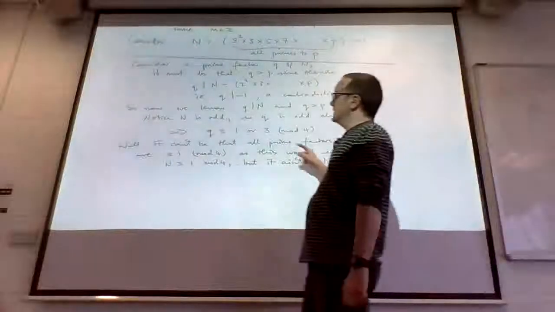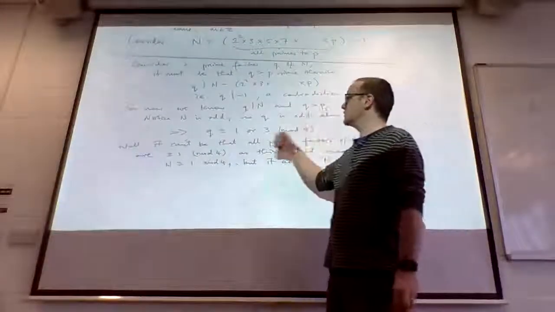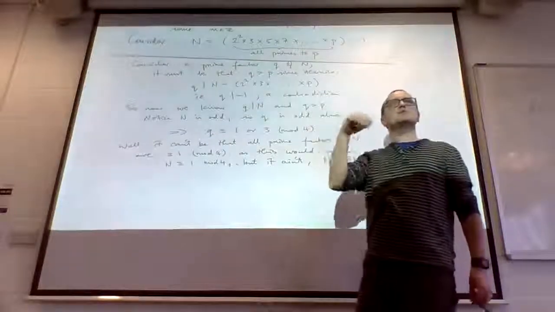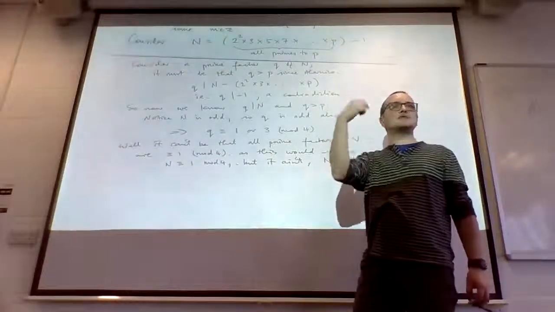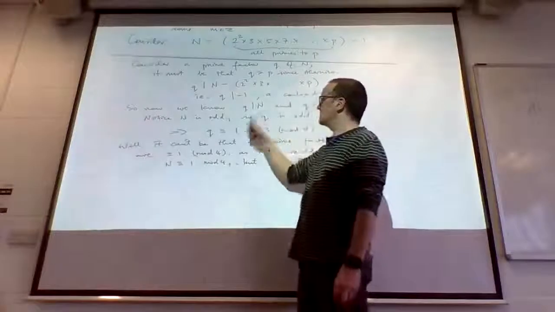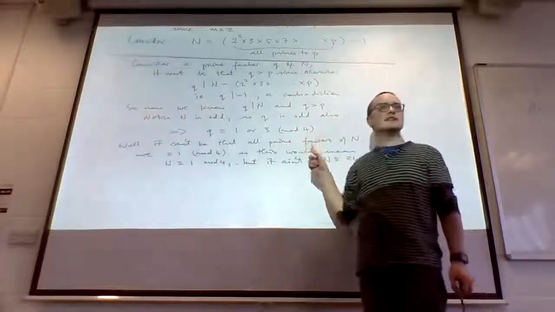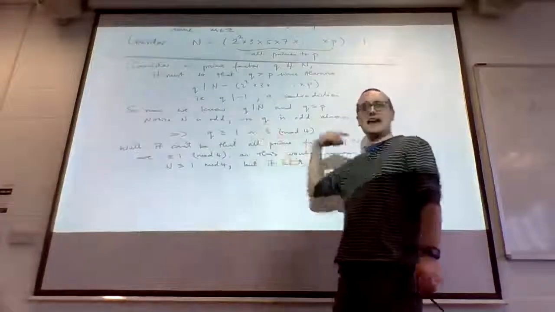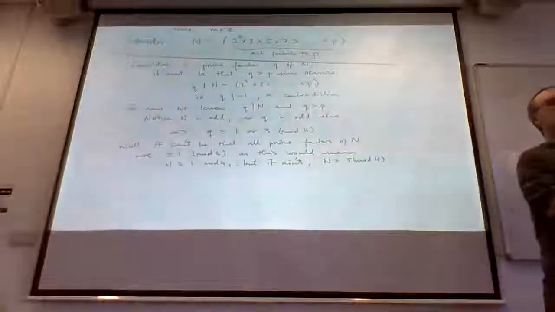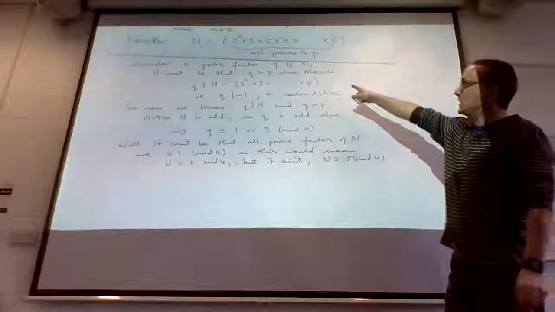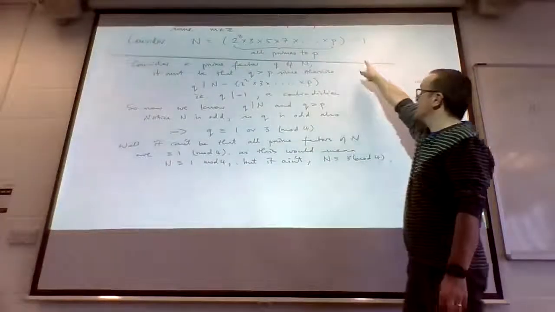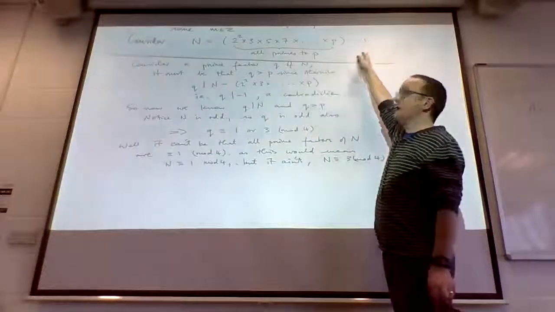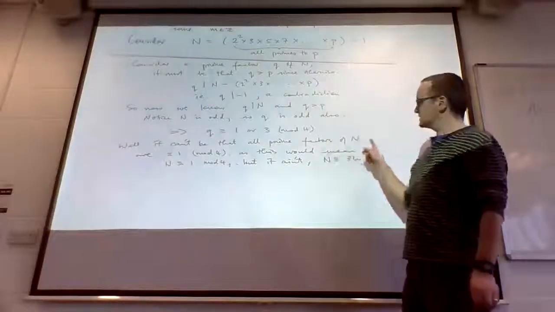So you have to phrase this carefully. We're not so sure about an arbitrary prime factor of n. But we know there must be at least one prime factor of n which is congruent to 3 mod 4. Because if they were all congruent to 1 mod 4, n would have to be congruent to 1 mod 4. But n, by the way we've constructed n, is definitely not congruent to 1 mod 4, because it's 4 times something minus 1. So it's congruent to 3.